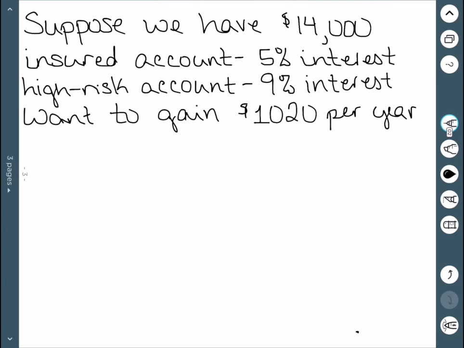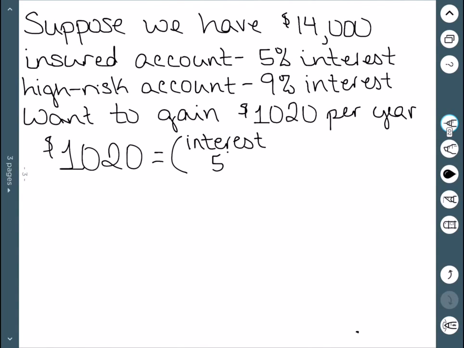The idea here is if I look at my total interest that I get, the 1020, this should be equal to the interest given at the 5% rate plus the interest given at the 9% rate.